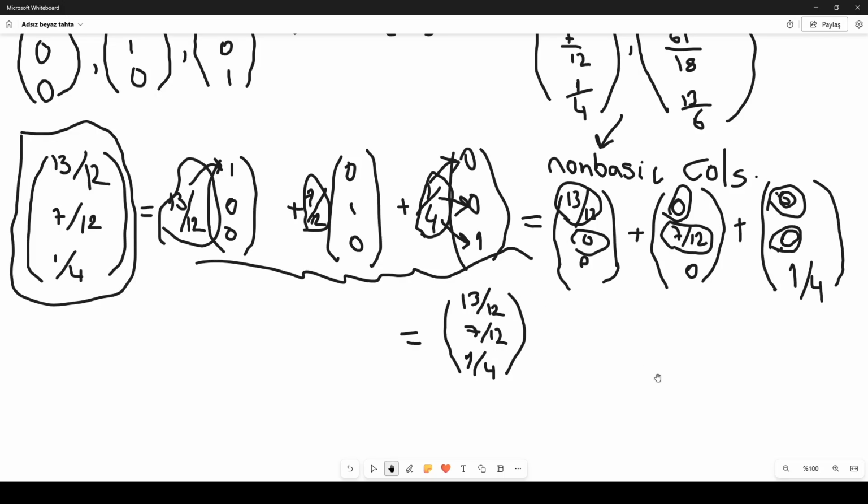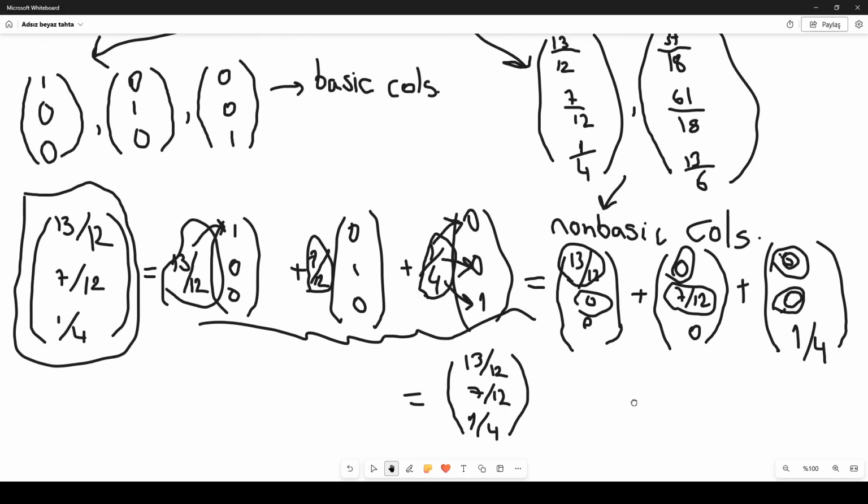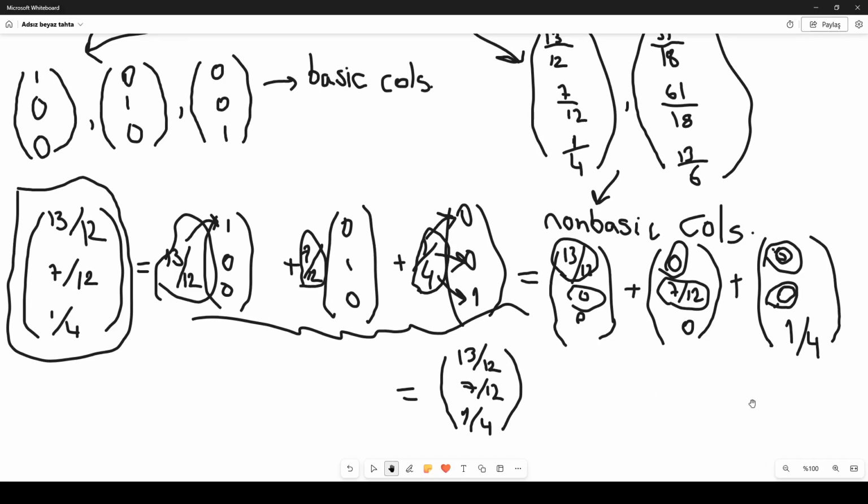For the time being it may seem unimportant, but it is really important when we try to solve homogeneous systems, which is the topic of our next lecture. In that lecture I will use this property related to basic columns and non-basic columns, as well as the property of rank.